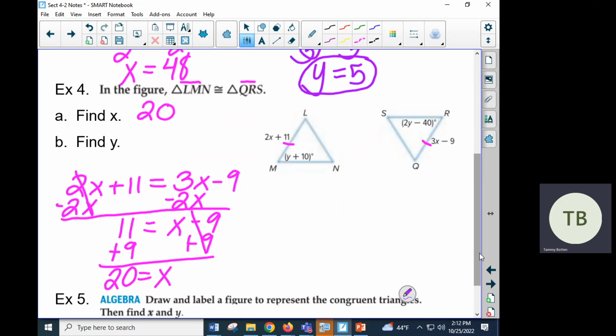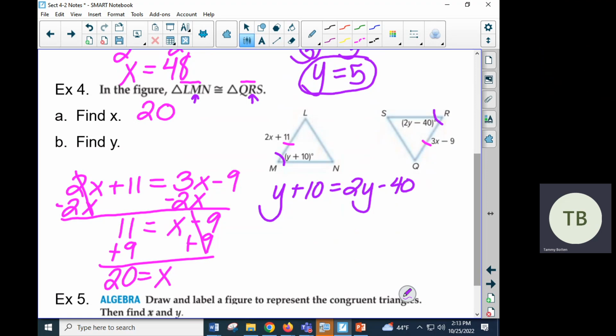Now I have to find y. And notice angle M has a y in it. Angle M is my middle letter here. So that's going to equal angle R because they're both in the middle. So that means this angle M, which is y plus 10, is going to equal angle R, which is 2y minus 40.